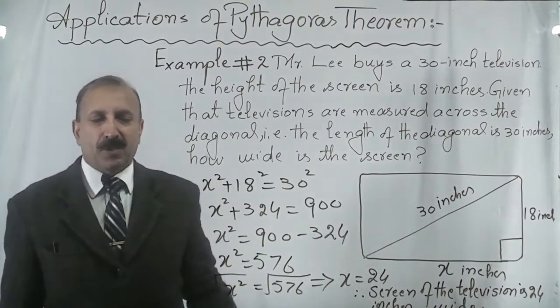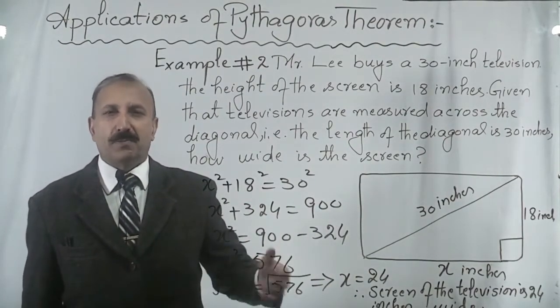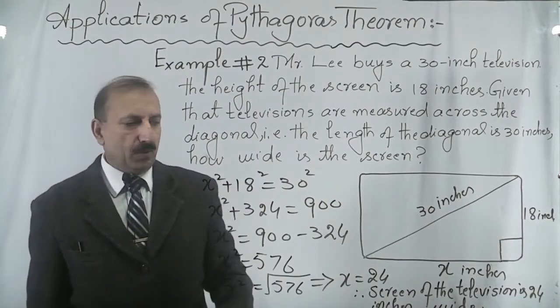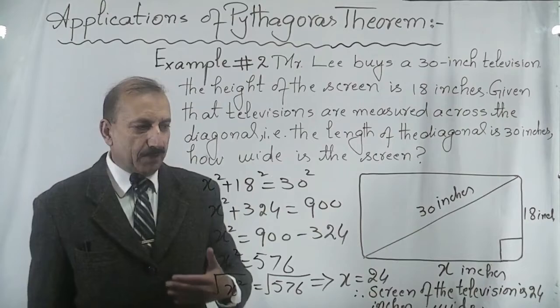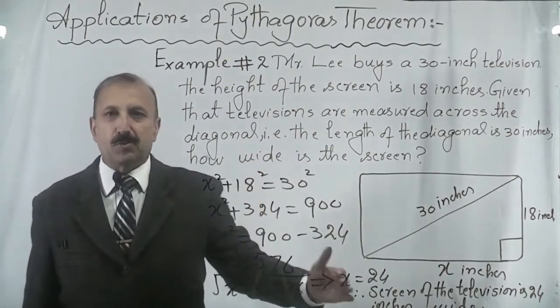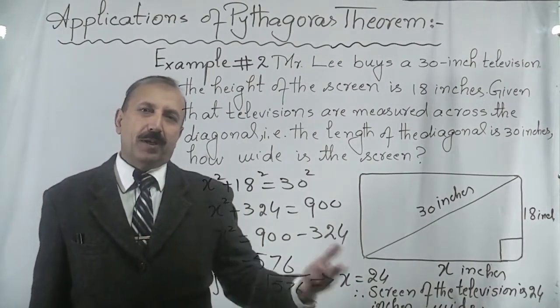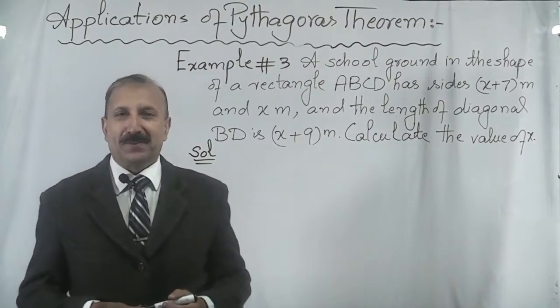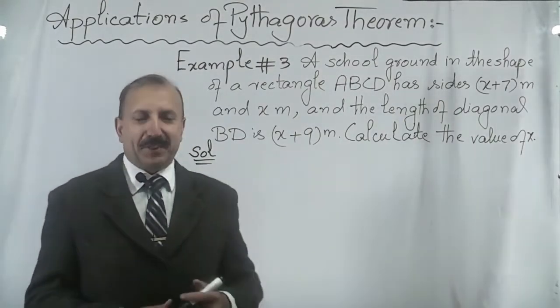And I'm sure you are now improving your concept of handling word problems, and we will continue improving our skills to cope with word problems and reach the unknown value asked in the word problem.